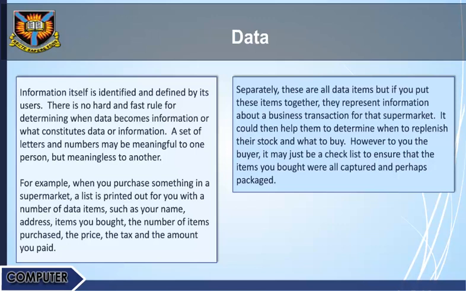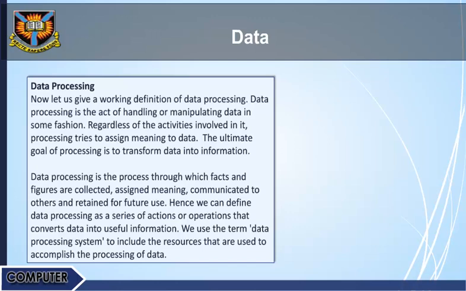Separately, these are all data items, but if you put these items together, they represent information about a business transaction for that supermarket. It could then help them to determine when to replenish their stock and what to buy. However, to you, the buyer, it may just be a checklist to ensure that the items you bought were all captured and perhaps packaged.